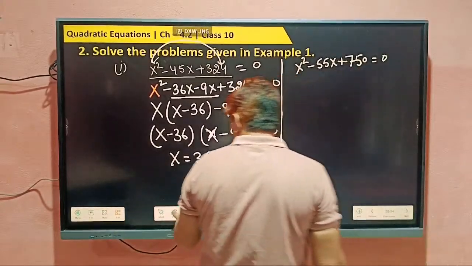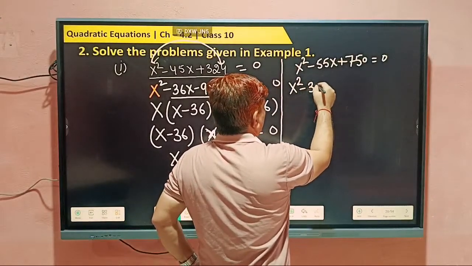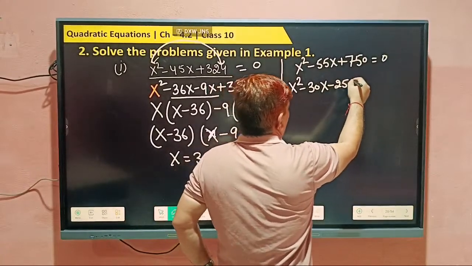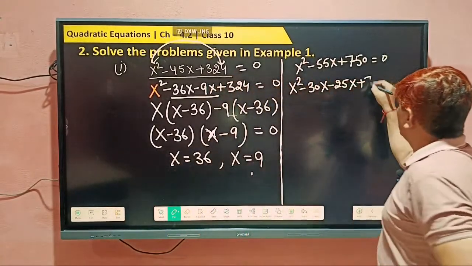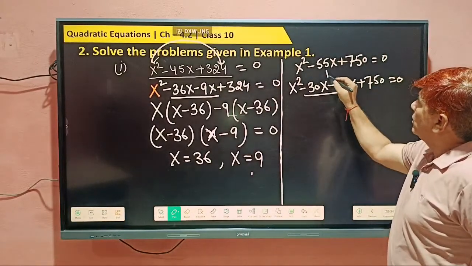So now I can write like this: x square minus 30x minus 25x plus 750 is equal to 0. What's their sum? Equal to this.